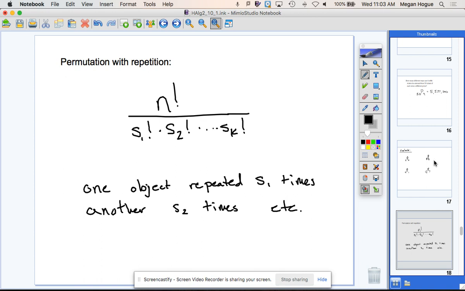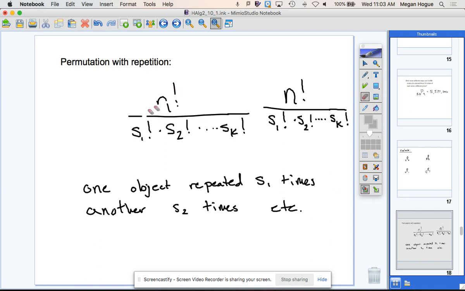Let me see if I can write it better. So N factorial over S subscript 1 factorial times S subscript 2 factorial, dot dot dot, S subscript K factorial. Is that a little neater?